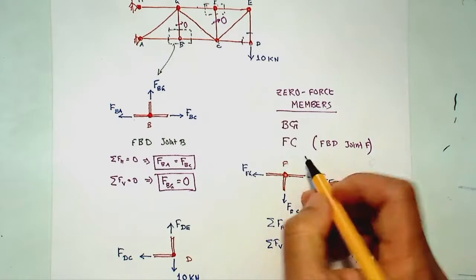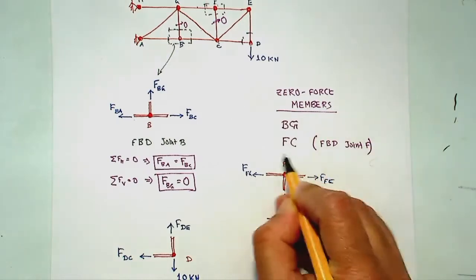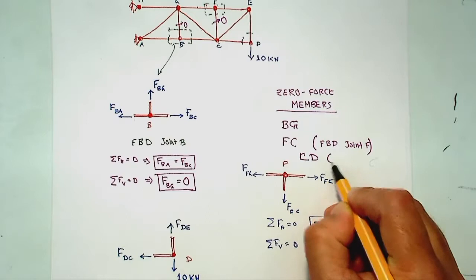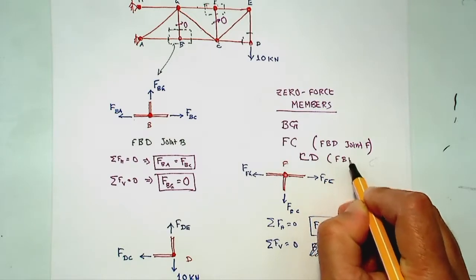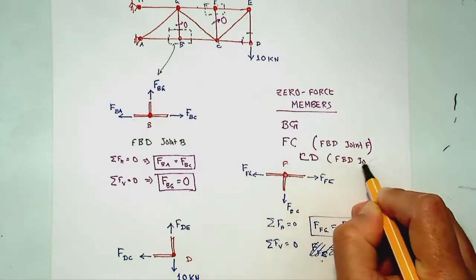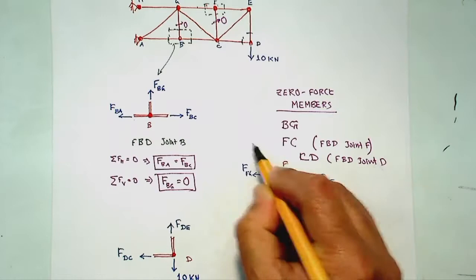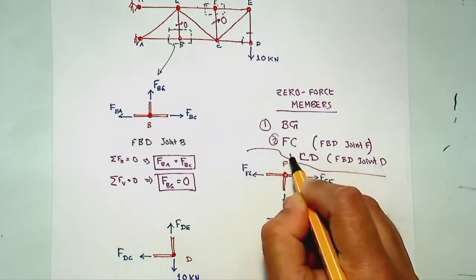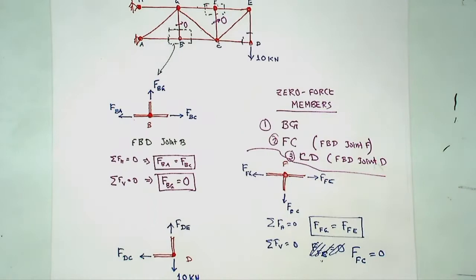So that is another member I need to add in here. Member C2D or D2C is 0, and we get that by doing a free body diagram of joint D. So we have identified 3 members so far which will have 0 force.